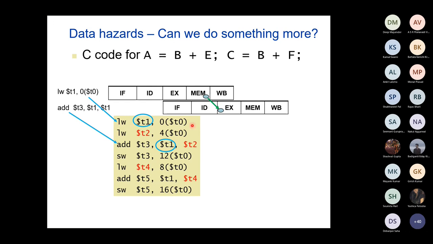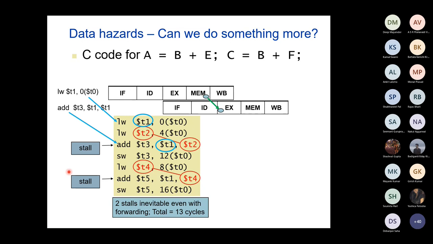First one would take 5 clock cycles, then 6, 7, 8, 9, 10, 11, and 2 stalls, right? Okay. Do you agree with me or not? Yes, sir. 2 stalls inevitable even with forwarding, total 13 cycles.